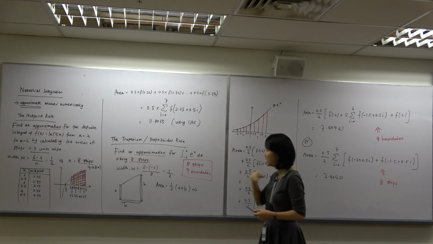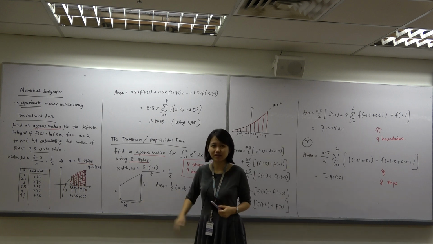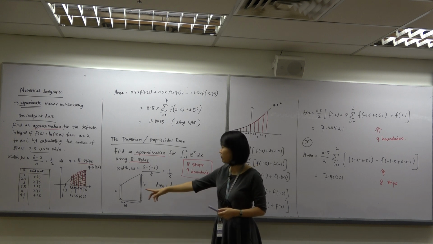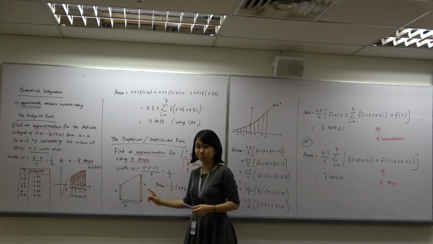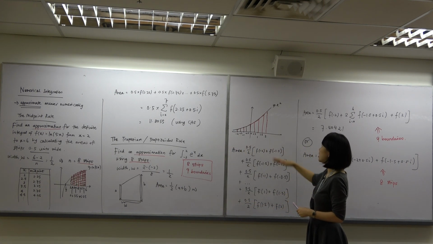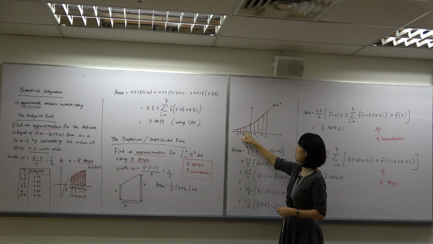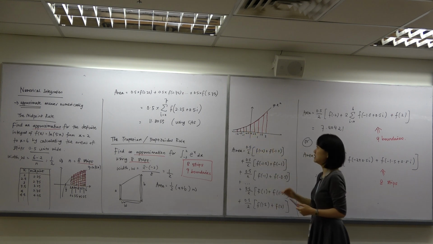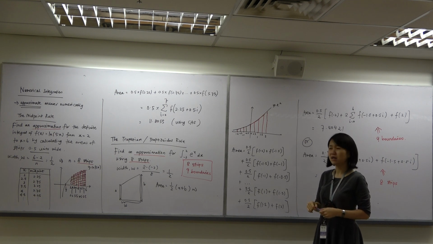Okay, so what then is the area of a trapezium? Let's recall the area of a trapezium. It is simply half multiplied by width multiplied by a plus b. Okay, so looking at it, I've drawn y equals e^x on the board and these are the 8 trapeziums. So what are the areas if I were to list every single trapezium down?